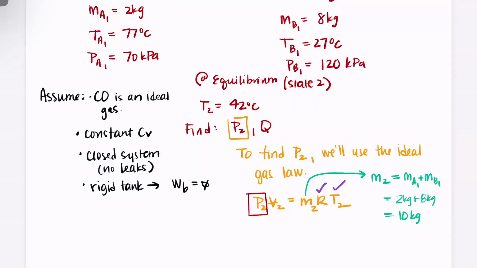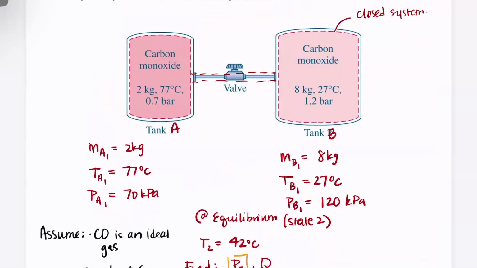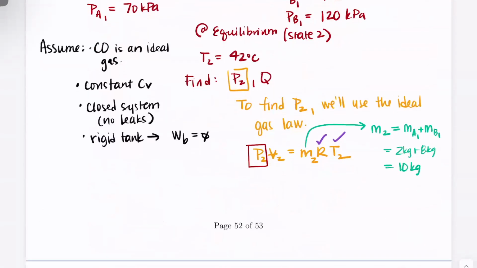What about V2? We don't necessarily have anything about the volume, right? V2, we know that the tank is rigid, right? So we know that V1 is equal to V2 because the tank is rigid. Any ideas on how we could find V1?